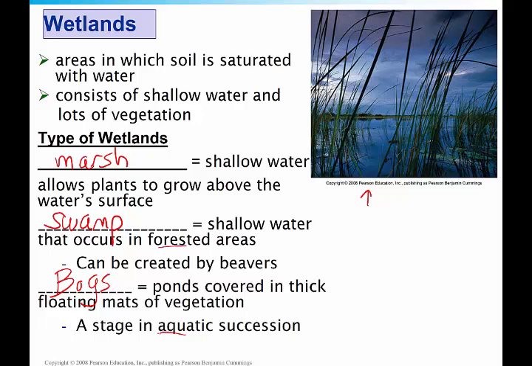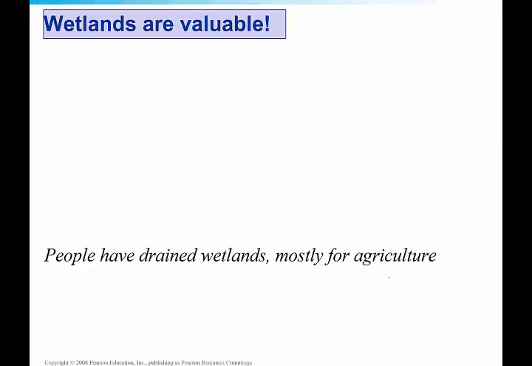Well, in water systems, you can also have succession, and bogs are a step in succession. Often bogs will fill in eventually and become land. That's not uncommon. So these are all wetlands, and wetlands are very valuable.